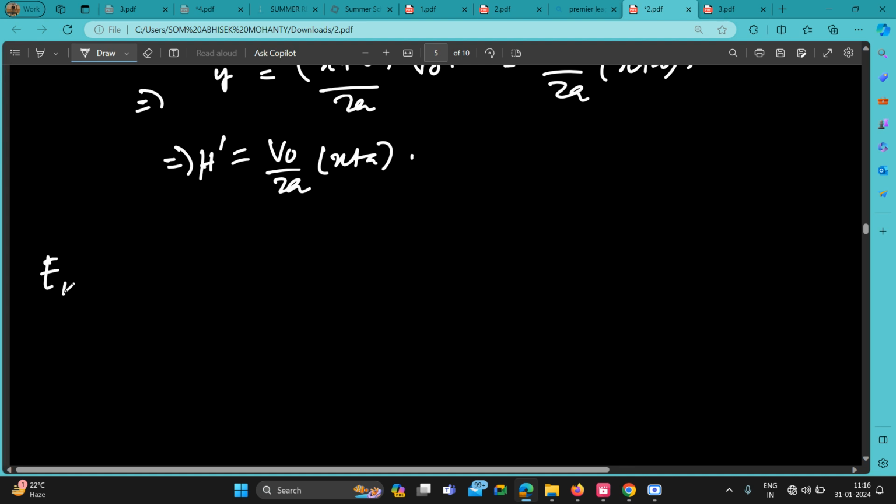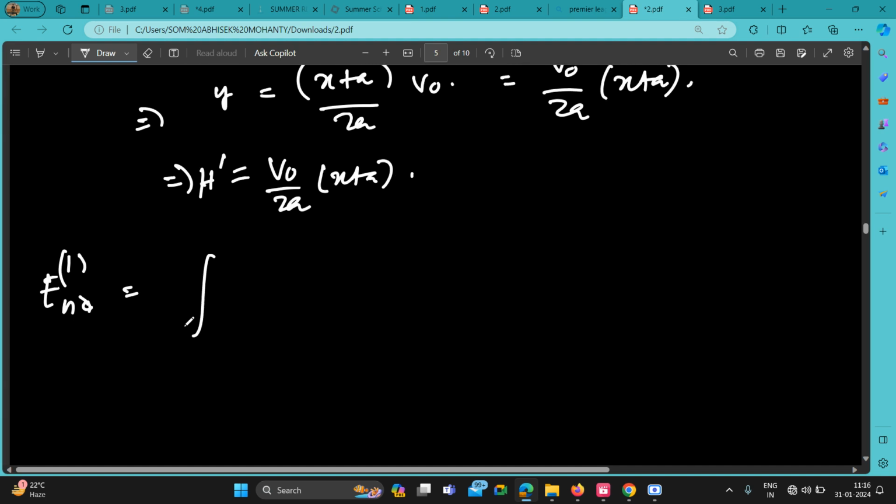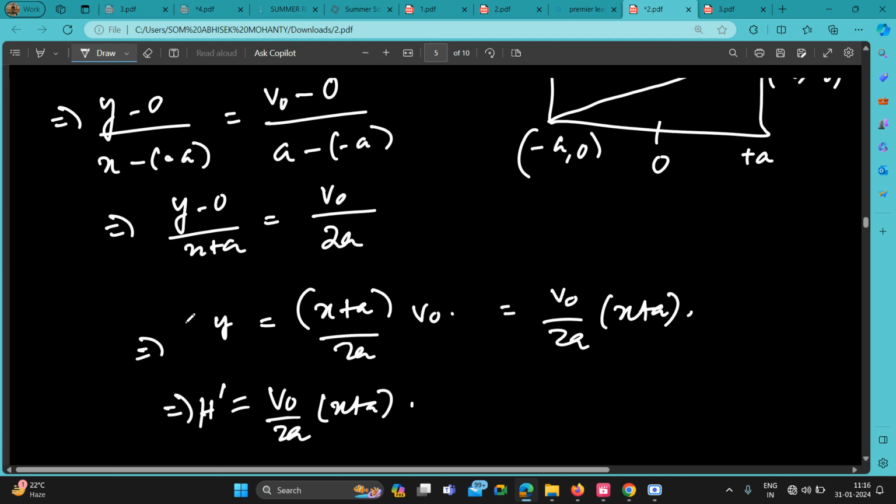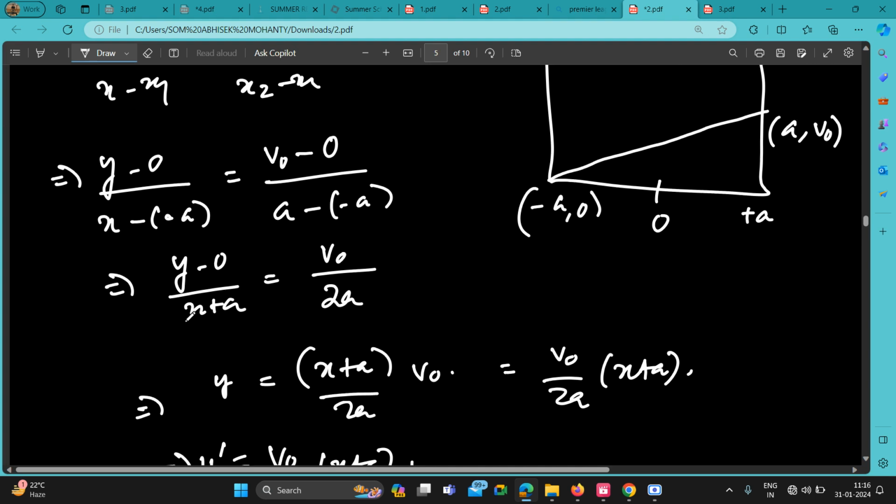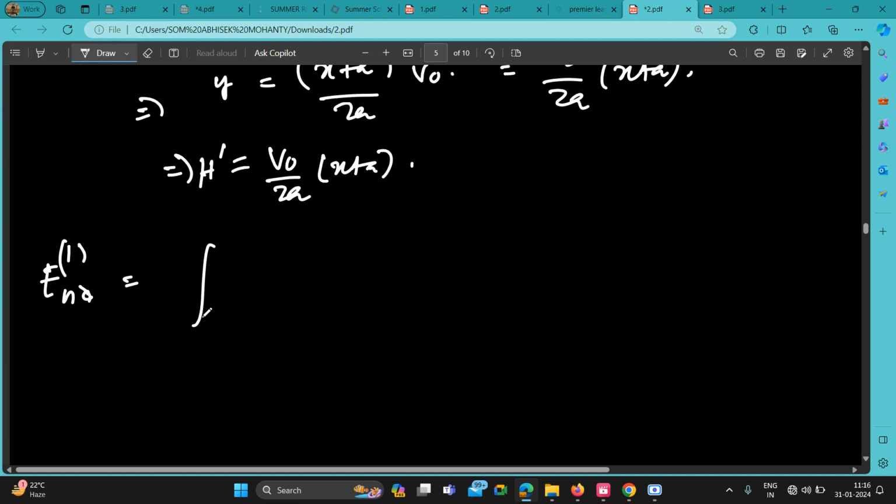So ground state energy correction. Okay, ground state energy correction is what? Like this, so V naught by 2a times x plus a.